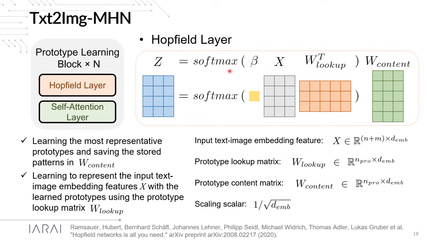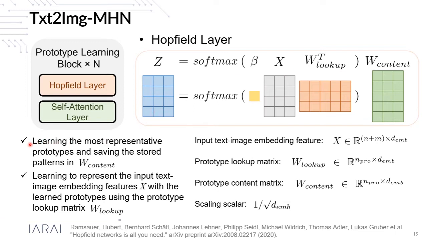Each Hopfield layer contains two key matrices, including a prototype lookup matrix, W lookup, and the prototype content matrix, W content.